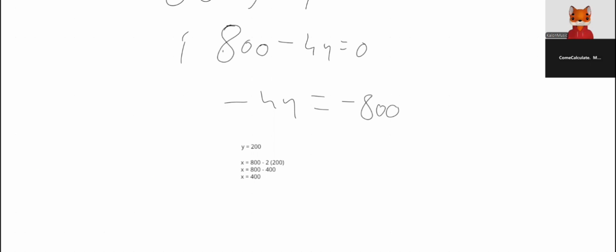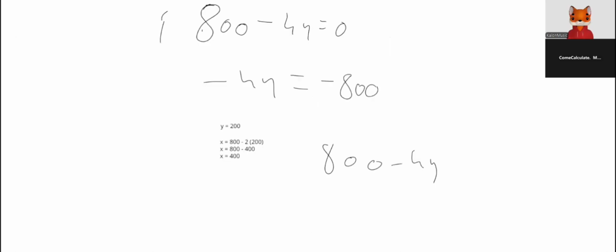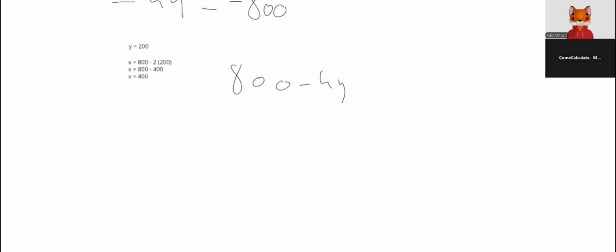So the derivative of 800 minus 4y: the derivative of a constant like 800 is going to be 0, minus 4. So this second derivative is going to be equal to negative 4. Because this is a negative number, it means that it is a maximum.